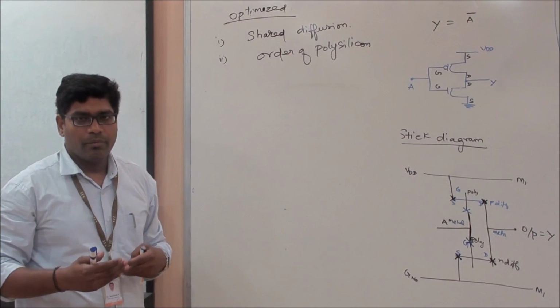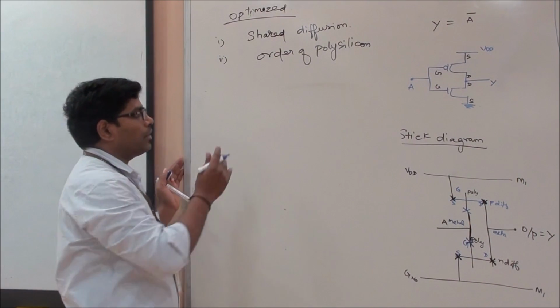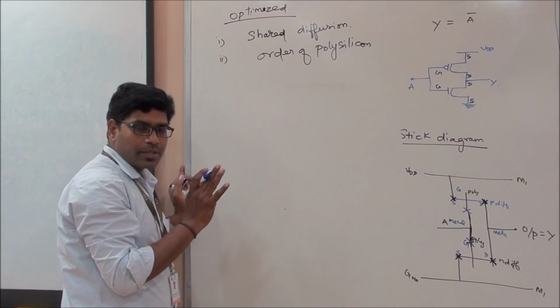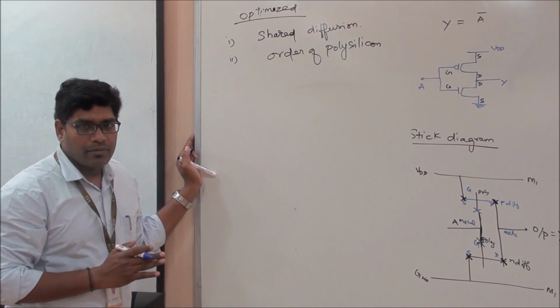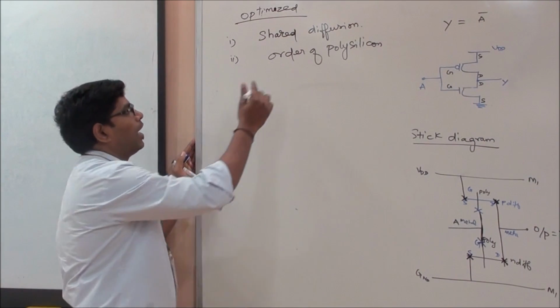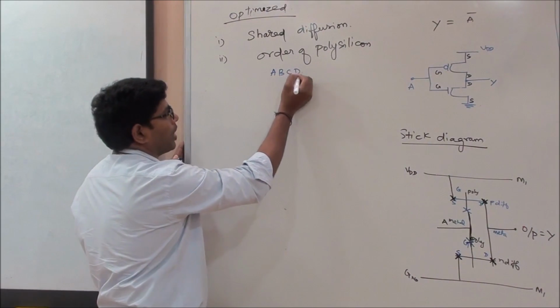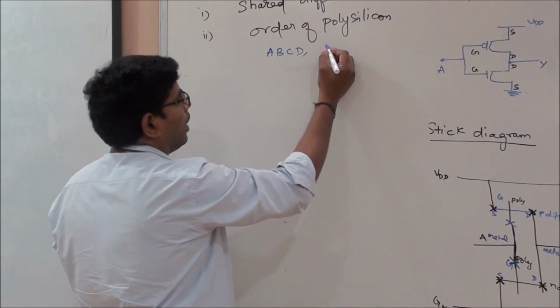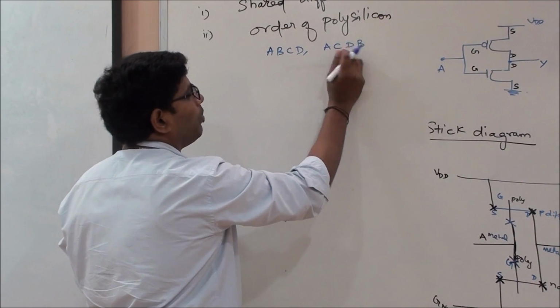So to come up with an optimized network, the first and primary job is you need to have a shared diffusion. To have a shared diffusion, you are supposed to find out what should be the order of poly. By order of poly, what I mean is, say suppose I have 4 variables. The poly lines represent the gate. We have already seen that. If there are 4 variables, I may have the order of poly to be A, B, C, D, or A, C, D, B, or it could be in any order.